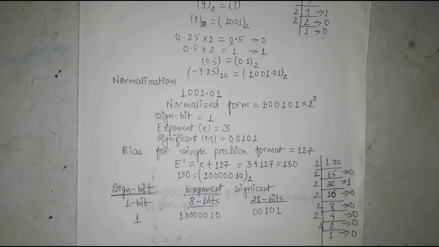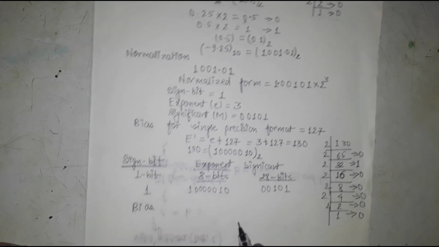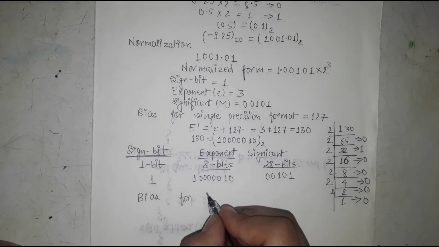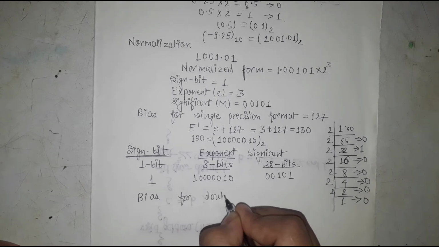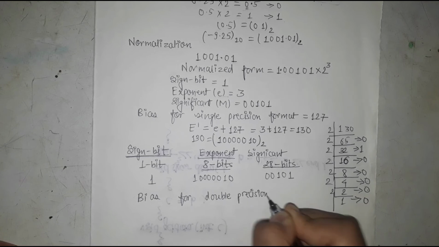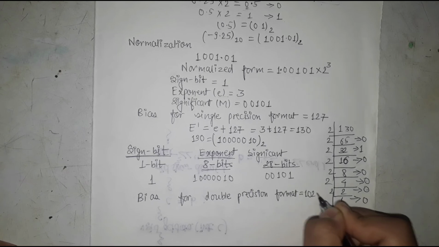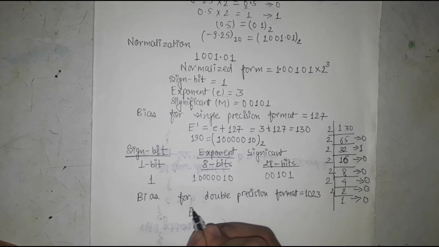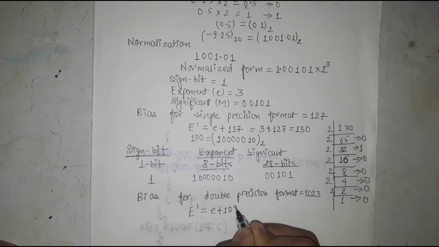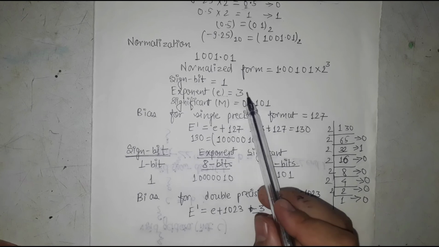So now for double precision format, there is only one difference. So that is bias. Bias for double precision format is 1023. So we'll have to calculate the actual exponent. So we'll add 3 to this, because the exponent was 3.